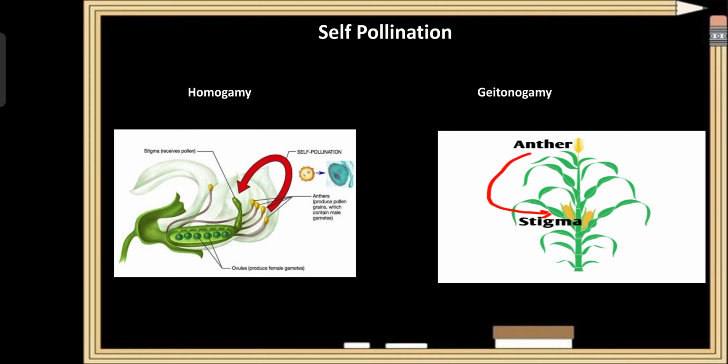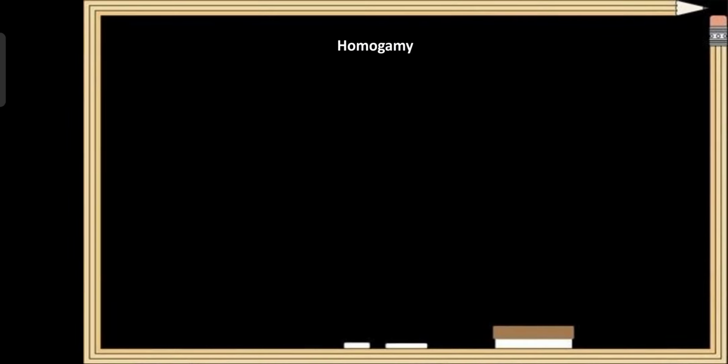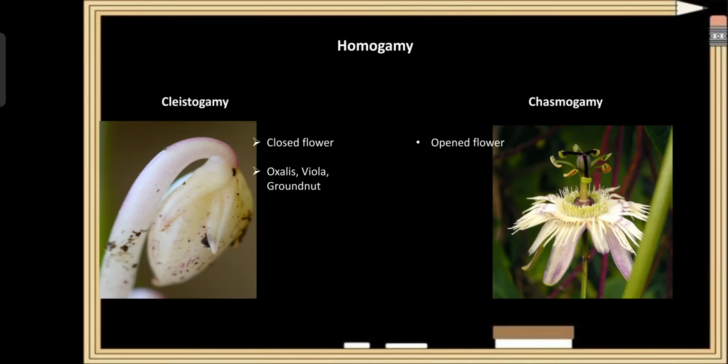Under homogamy, there are two conditions. We refer to them as cleistogamy and chasmogamy. So what is cleistogamy and what is chasmogamy? In cleistogamy, the pollination occurs in the closed flower.